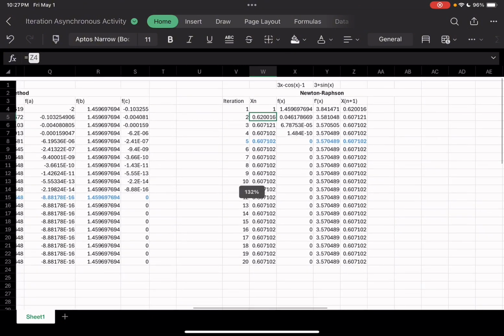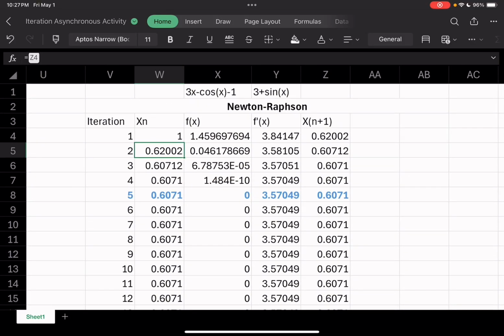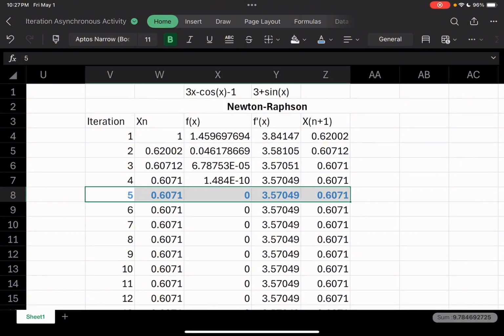Now you have a table that looks like this. As I stated earlier, we're going to stop if our f of x is equal to 0 or if our x sub n plus 1 is consistent. As you can see right here, we have an f of x that is equal to 0 right here. So therefore, the root of the equation is 0.6071.